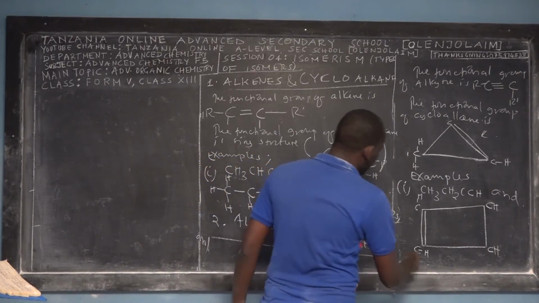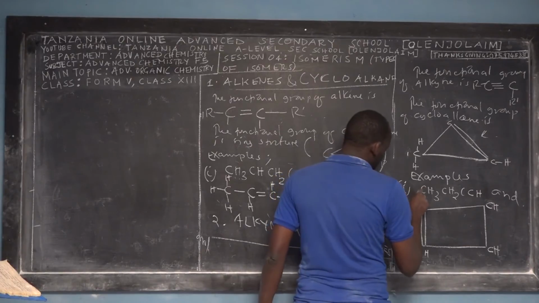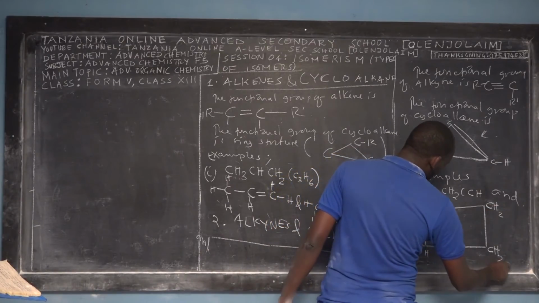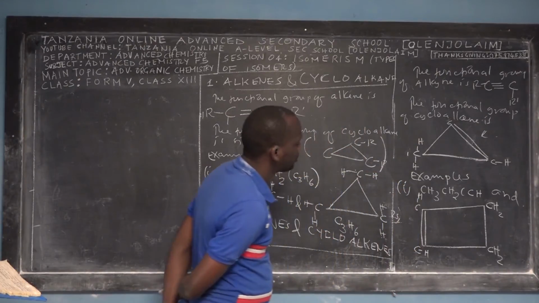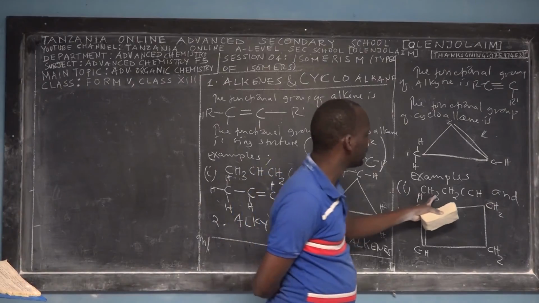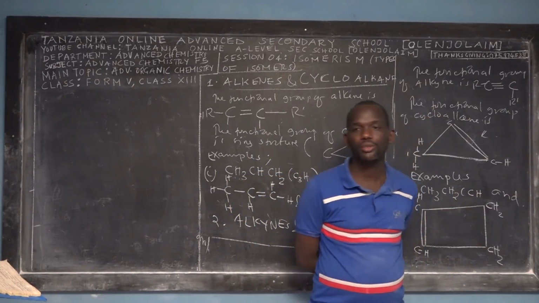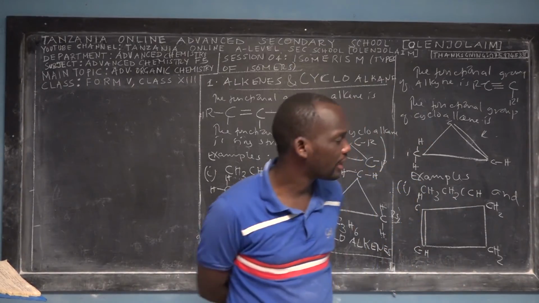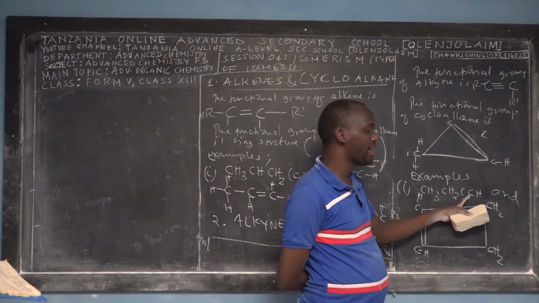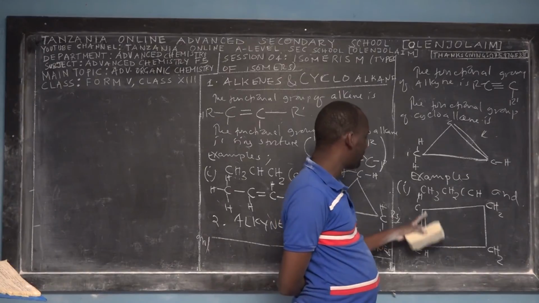Here two hydrogens, and in total 6 hydrogens. You have 4 carbons. Here you have 1 triple bond, and here you have a double bond.